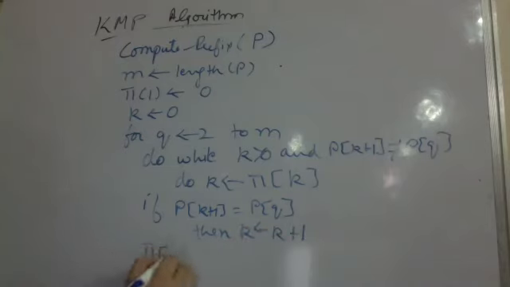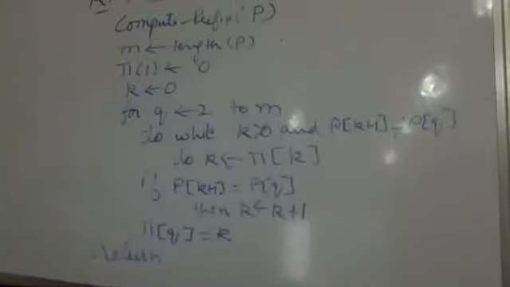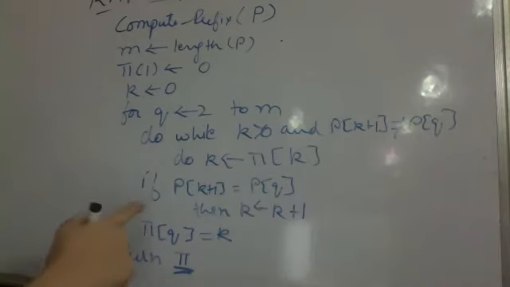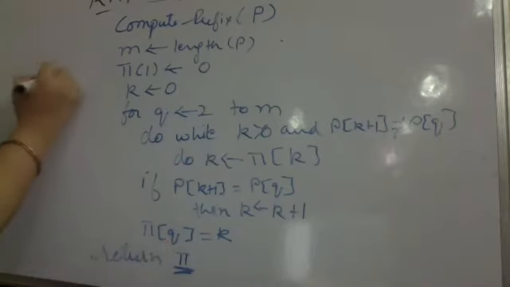And pattern value for q becomes k. Finally, after the loop is over, return the table pi. Same thing which we have done, that is what we have shown with an example. If you want me to dry run this algorithm, I am taking the same example.